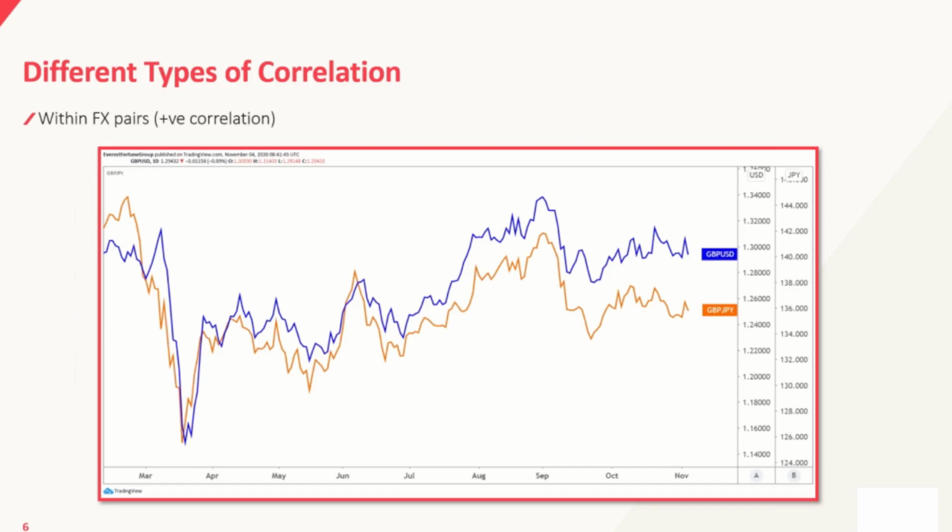Starting in March last year, we have the pound dollar, pound yen bottoming out over here, and then after that they push up, small pullback, another continuation up, another pullback, and then they were riding the trend upwards, where they hit an all-year high in the September period. After that there was another pullback, and then they made a lower low towards the end of the year.